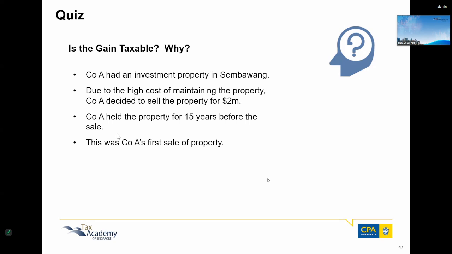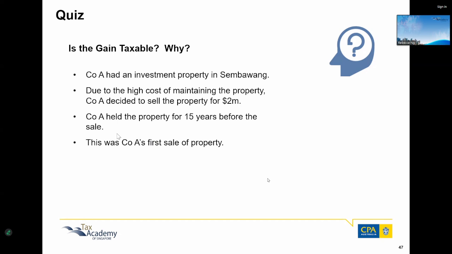Then we also look at the motive at the point in time when Company A acquired the investment property 15 years ago. Why did they acquire this property? If the property is acquired to carry on its trade, then it is indicative that the acquisition of property is not for buy and sell, right? So based on the analysis, we can conclude that the gain on disposal of the investment property in Sembawang is capital in nature and therefore not subject to tax.